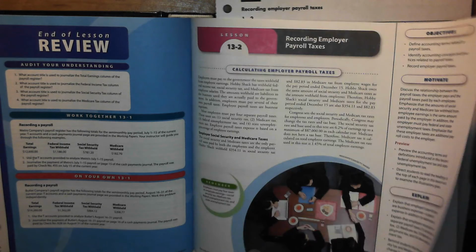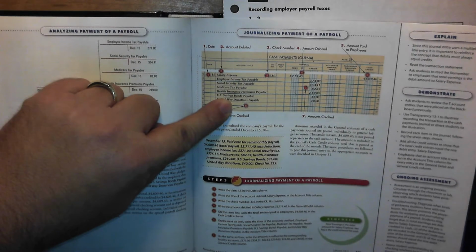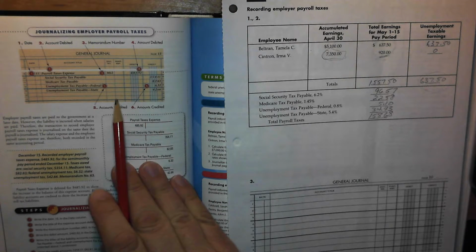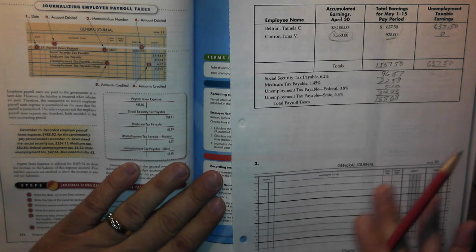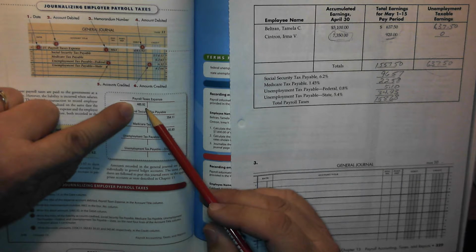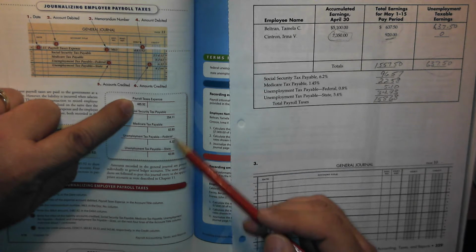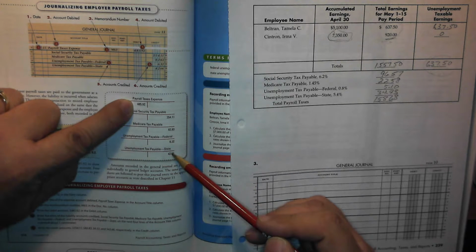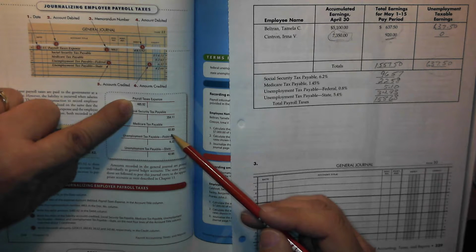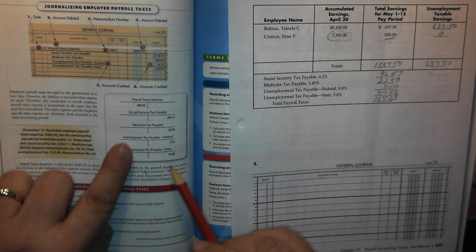This is pretty much the same as we did in section 1 for each employee, but now it's just for the employer. So remember, you've got the total taxes owed on the debit side, and each of the individual taxes broken down on the right side in the credit. It's just a way to keep them separate so both sides will equal out.